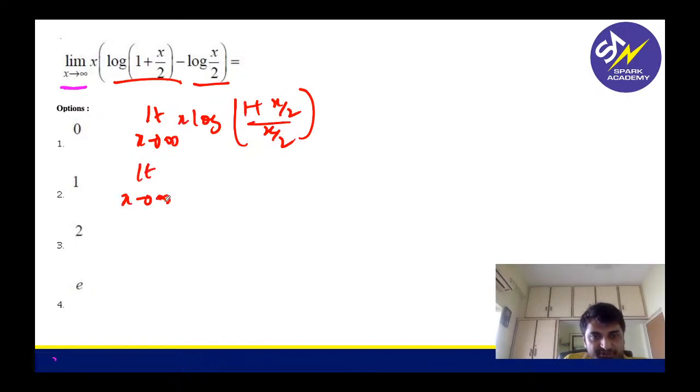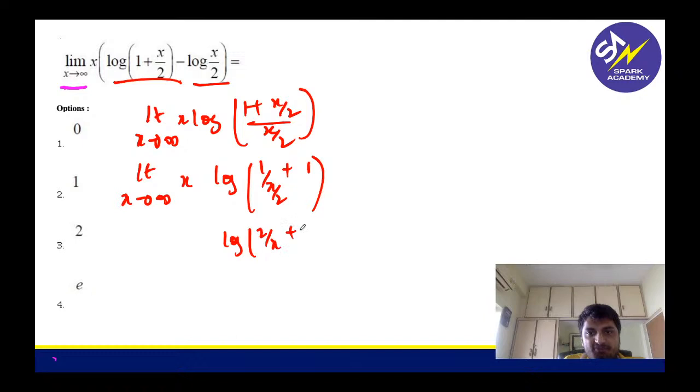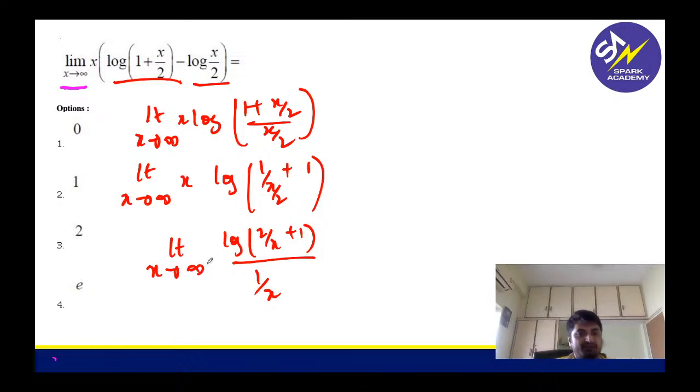I'm just splitting, guys. x by 2 plus 2 by x by 2 is 1. So this will be log of 2 by x plus 1 whole divided by 1 by x.